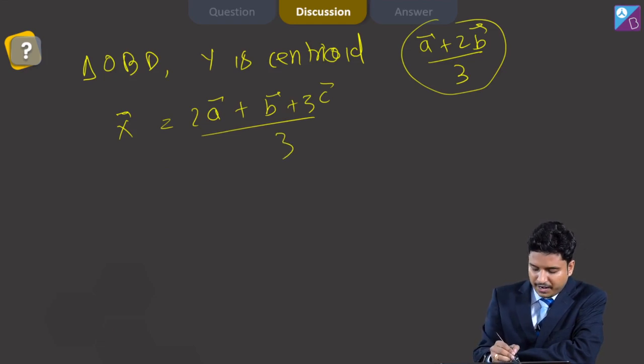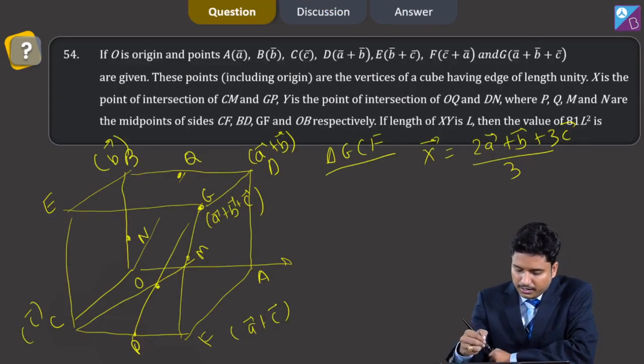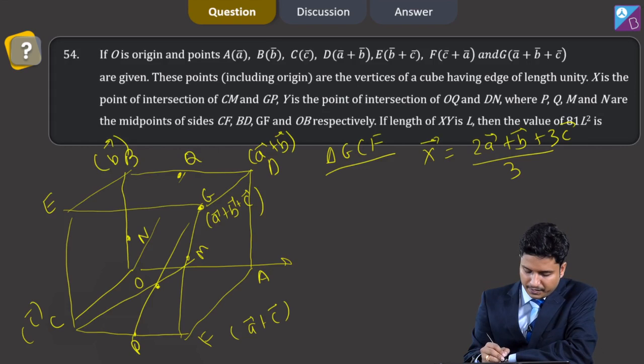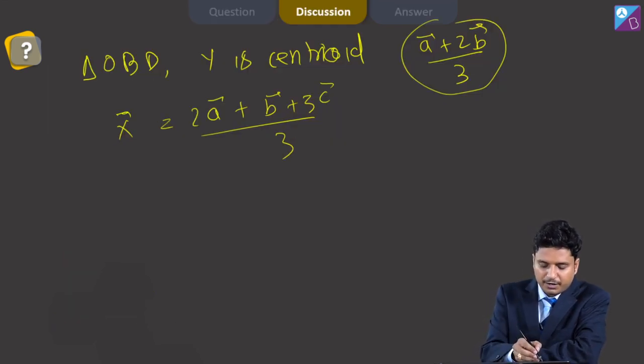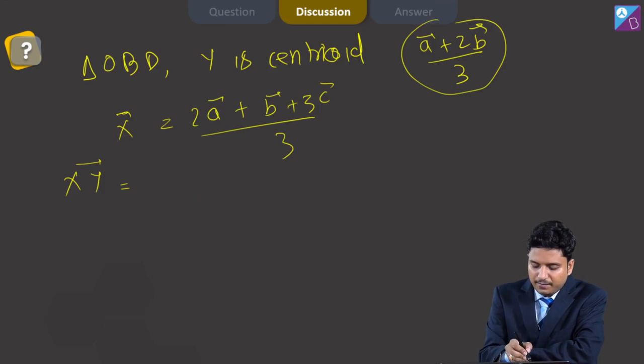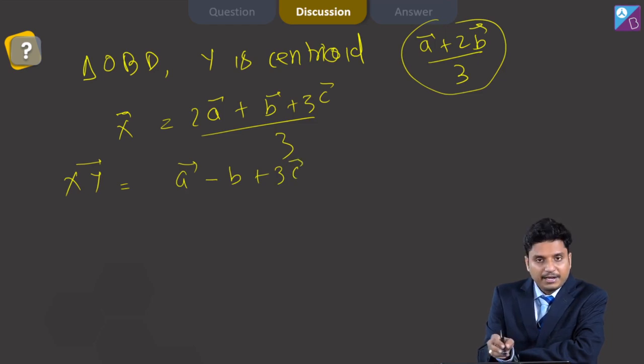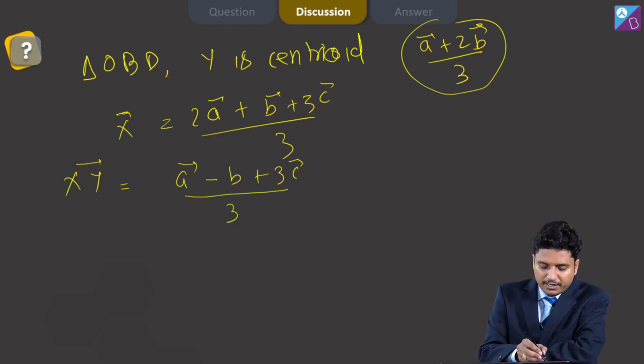So what do you have to find out now? The length of XY. First of all, we should find this vector XY. It will be (A minus B plus 3C) by 3: 2A minus A is A, B minus 2B is minus B, and 3C divided by 3. We have to calculate its magnitude.